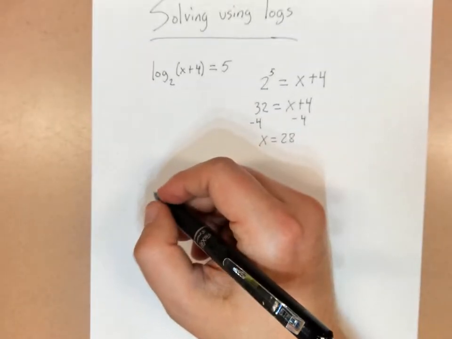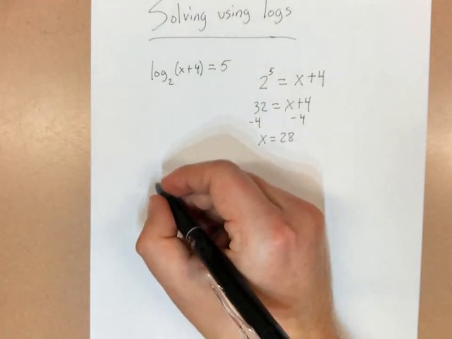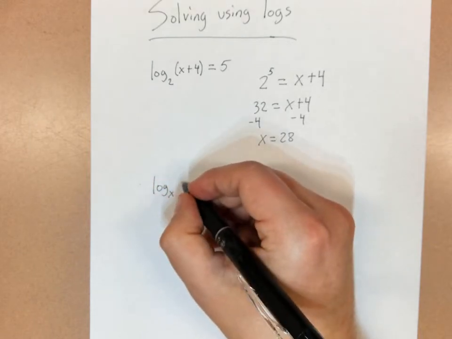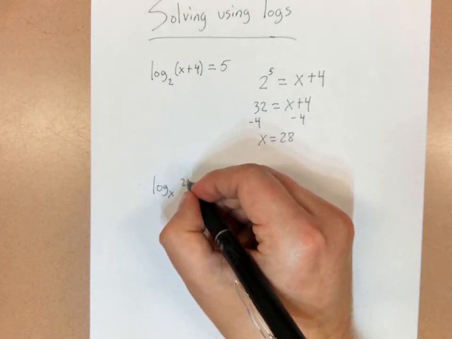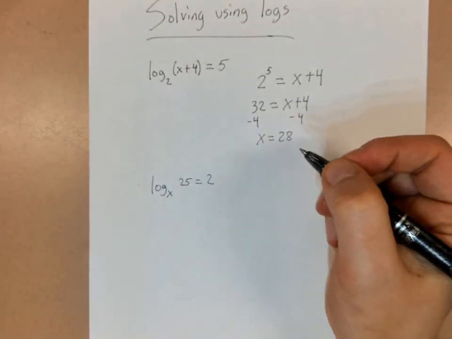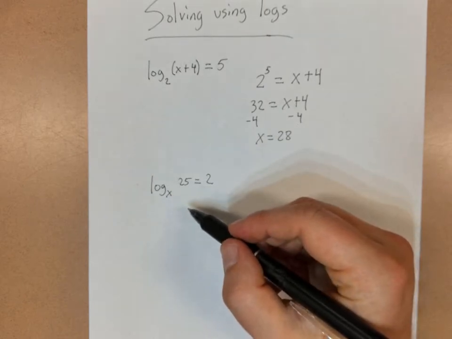Another example that might come up is when the x is in the base. So if I had log base x of 25 equals 2, again we're going to convert this to exponential form.